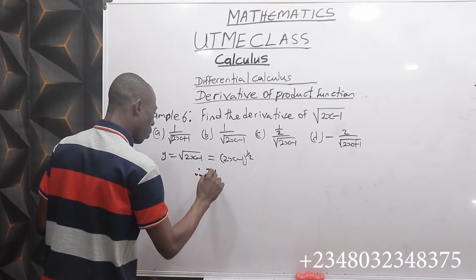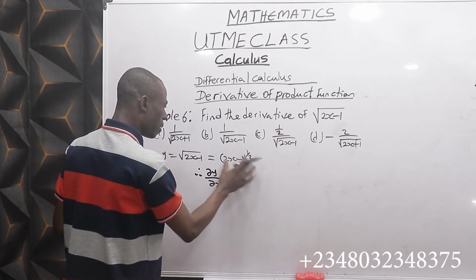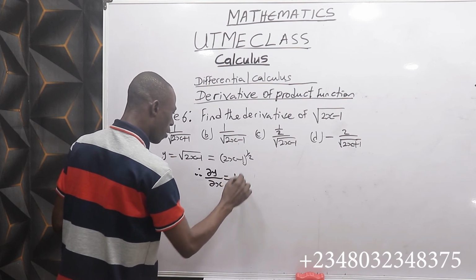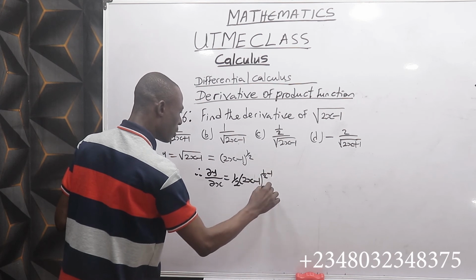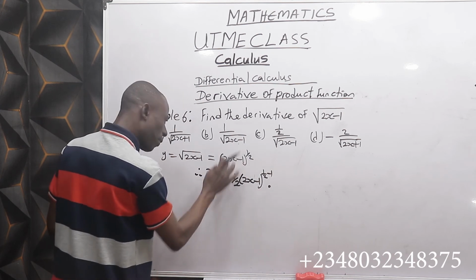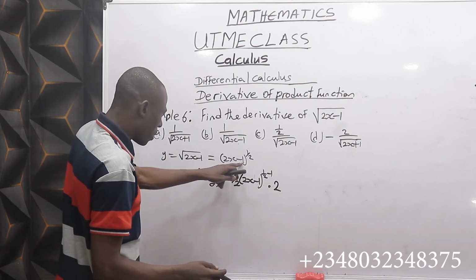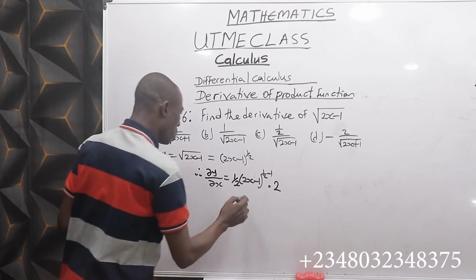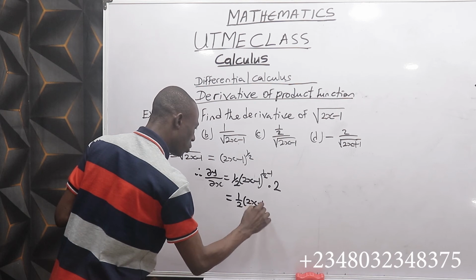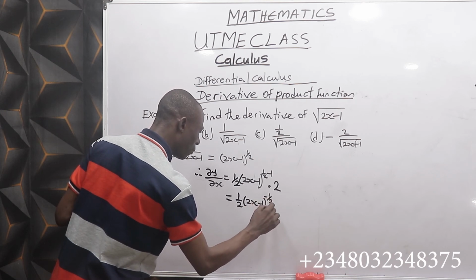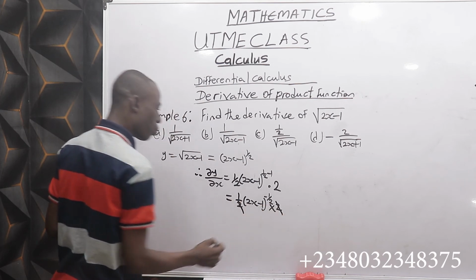Therefore, dy/dx will be, first give it holistic differentiation, and that will be half into 2x minus 1 raised to power half minus 1 times, differentiate the inside alone, that is 2. Differentiation of the inside of the bracket alone is 2. So we move forward by writing half into 2x minus 1 raised to power minus half times 2.